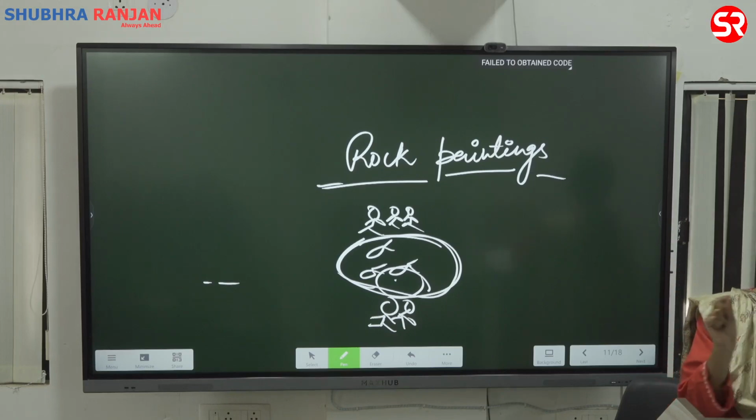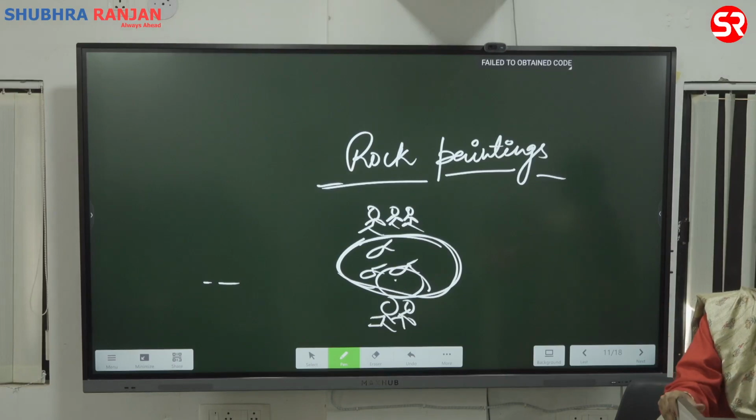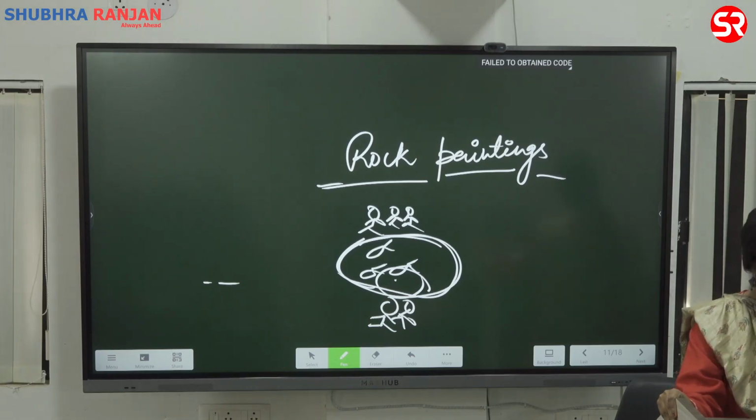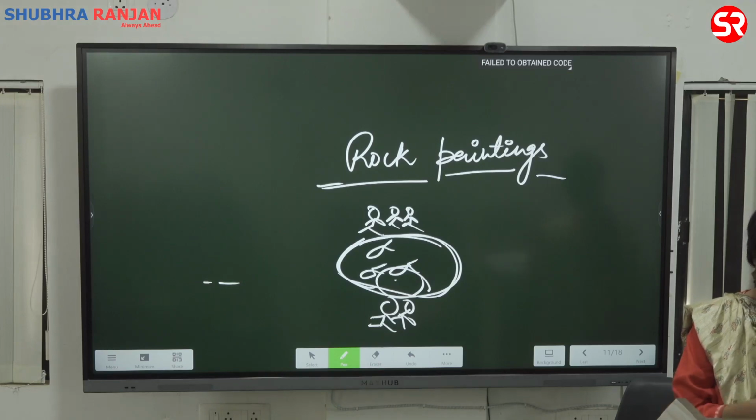I am writing point-wise just as you have to write in the exam, because there is no use of writing big paragraphs. You need to know what to write. So write the first fact. We find rock paintings in the Upper Paleolithic age for the first time.